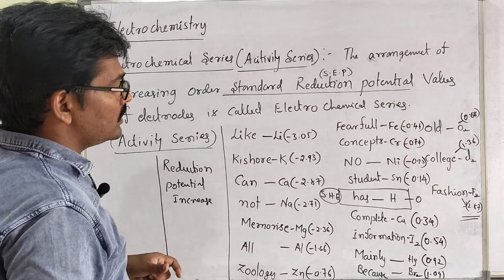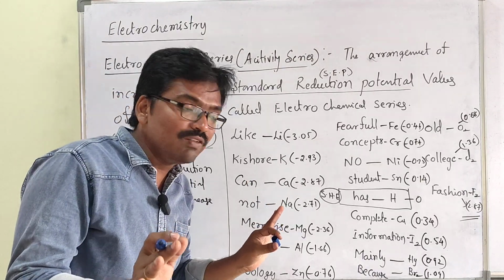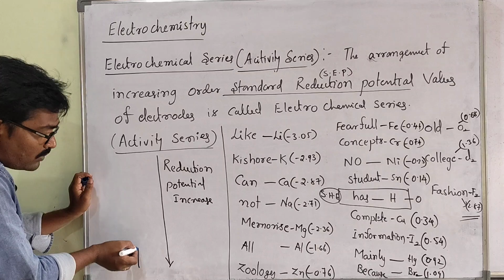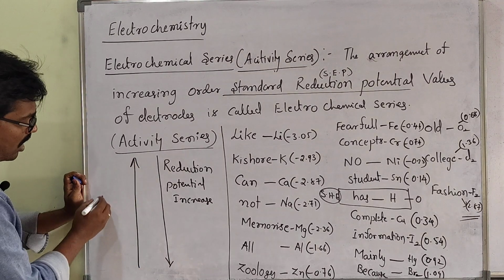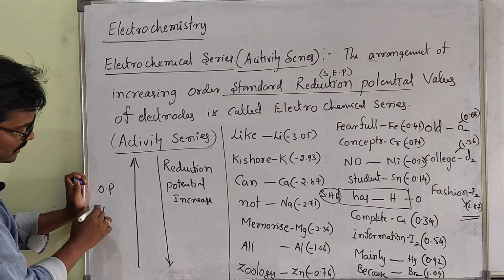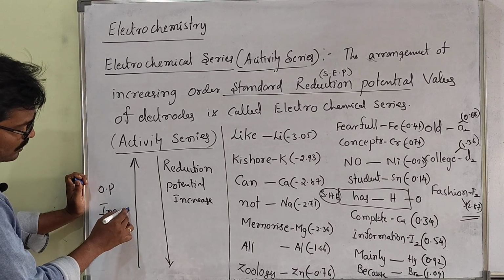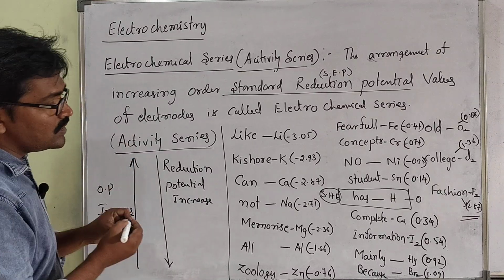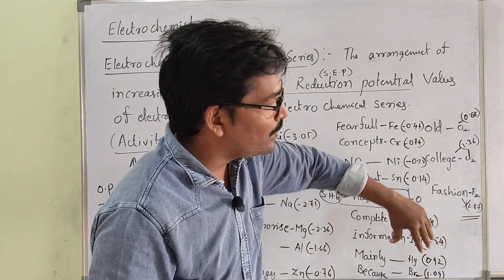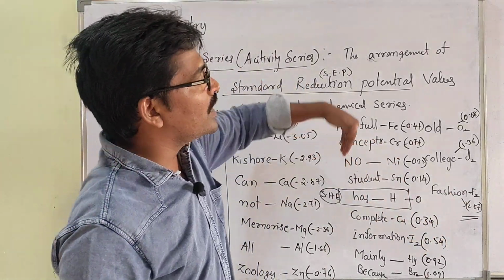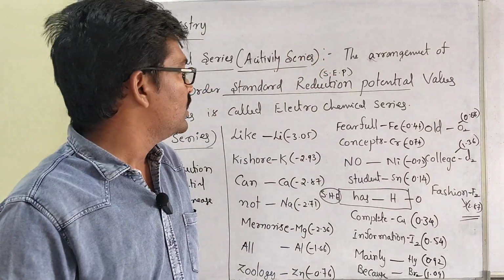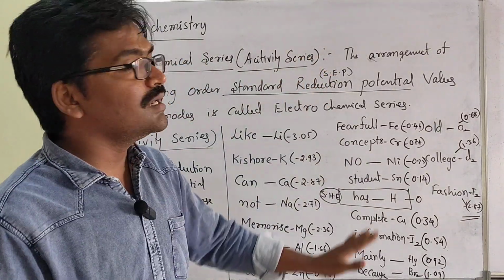In case they ask about oxidation potentials, oxidation potentials increase from bottom to top. Why bottom to top? Because for oxidation potentials, positive values become negative and negative values become positive. So oxidation potential increases from bottom to top. So this is the electrochemical series.